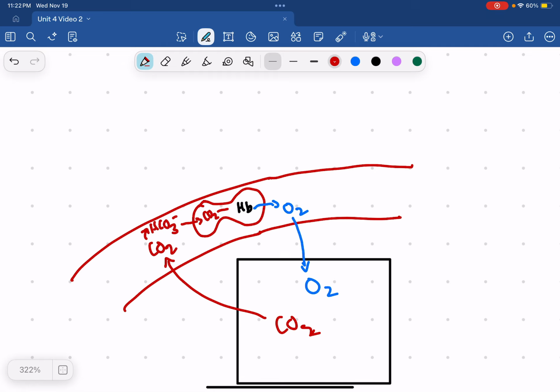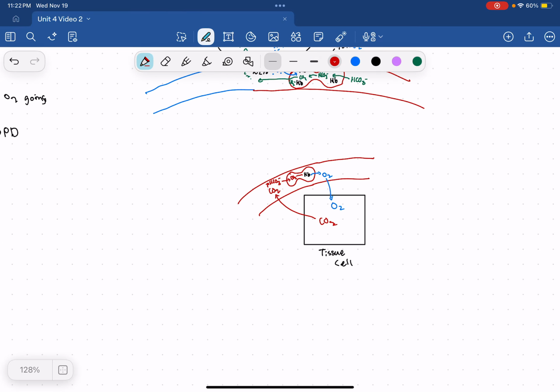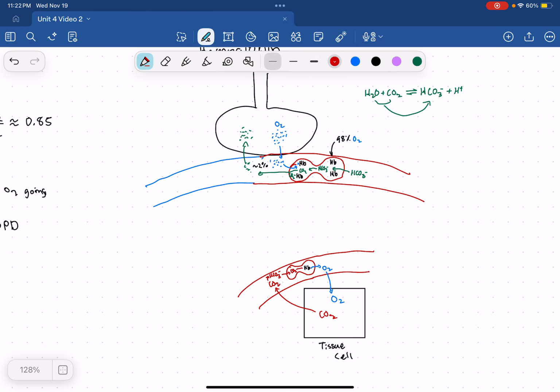And CO2 can be stuck onto hemoglobin, right? And then that hemoglobin can transport the CO2 back up to the lungs, and the lungs can dispel CO2 out, right? So this is constantly happening in our body. Hemoglobin is moving oxygen and CO2 back and forth.